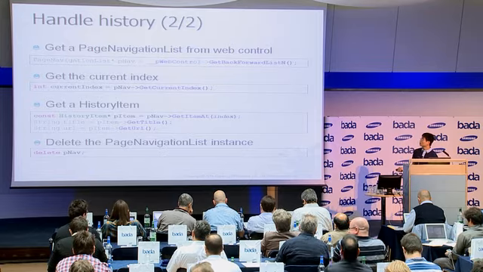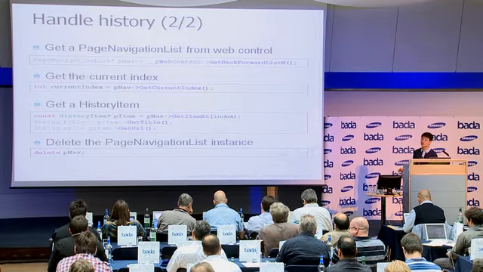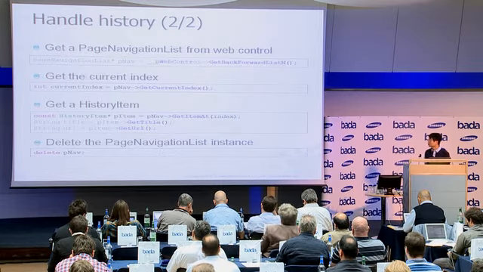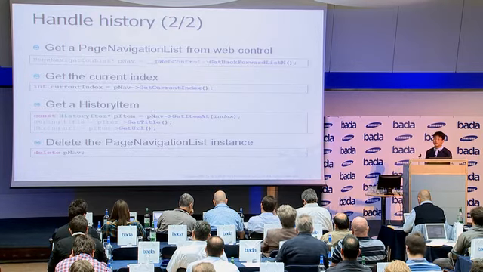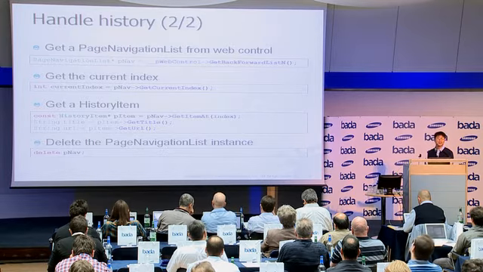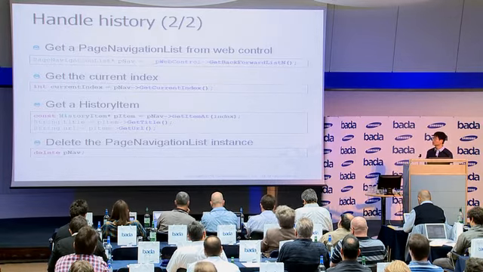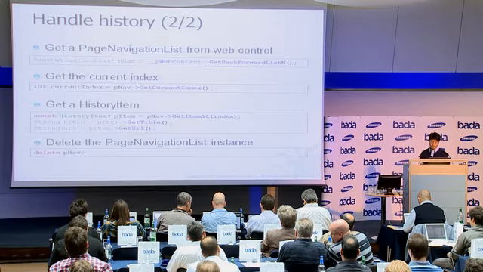When you get the item, you can get the title and the URL, so you can provide the history to the user. And maybe you remember this method ends with the end, so you should delete this instance. After you're done using it, you should delete the created instance.